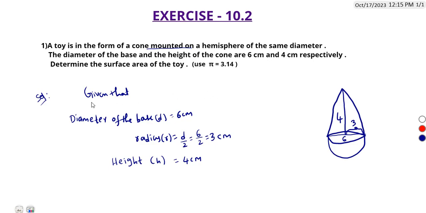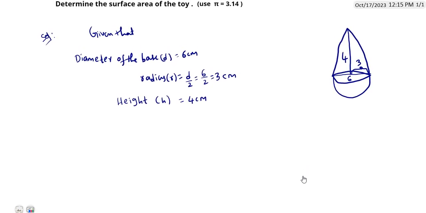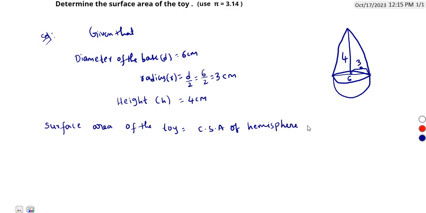But in the question, determine the surface area of the toy. So the surface area of the toy equals the CSA of the hemisphere plus the CSA of the cone.